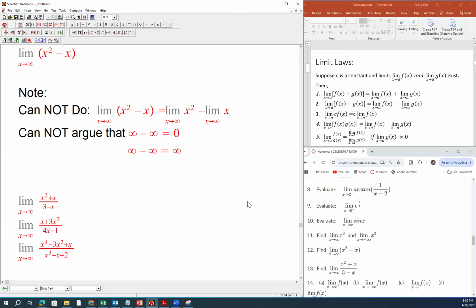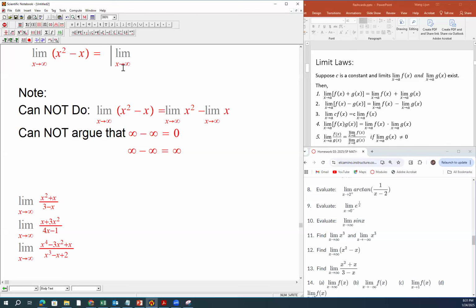We have lots of cases. So what will be the argument we can use to make our case? This is what we can do. We certainly cannot apply the limit law, but we can factor.